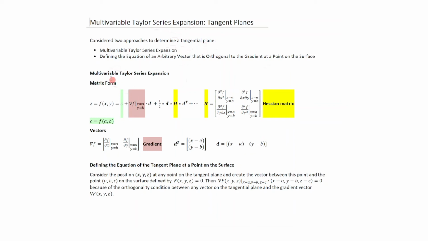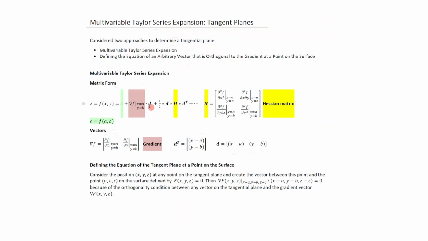For the multivariable Taylor series expansion method, we took the function, right, which is in this case two variables, and we expanded outwards. This is in matrix form. So f would be evaluated at the point a, b. This would be the gradient vector dot d, where d was just the difference vector between x and the established values at a given point, x minus a and y minus b.